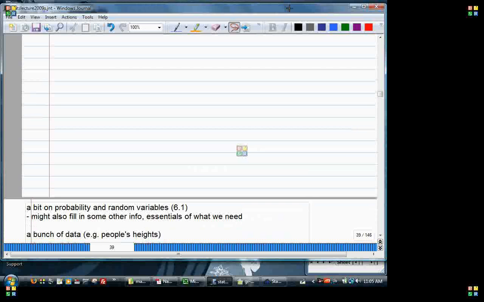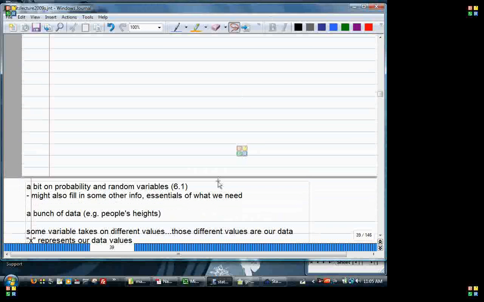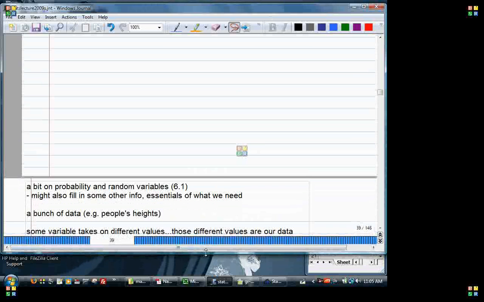All right. So as we do this discussion, you can imagine, if you like, that we have some collection of data. For example, we did a survey and got people's heights. So some variable takes on different values, and those different values are our data.